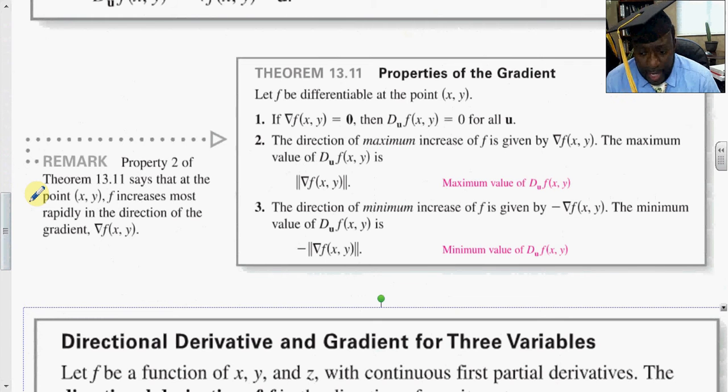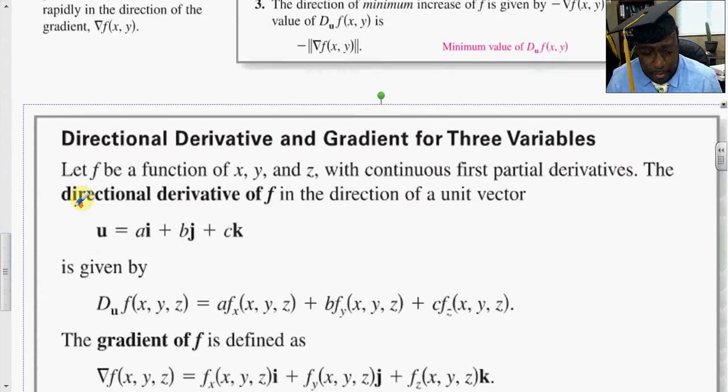And if you negate it, then we get the direction of the most minimum increase of f, said to be the negative gradient. The maximum value of the directional derivative is said to be its norm, and the minimum value of the directional derivative is the negation of the norm of the gradient function.